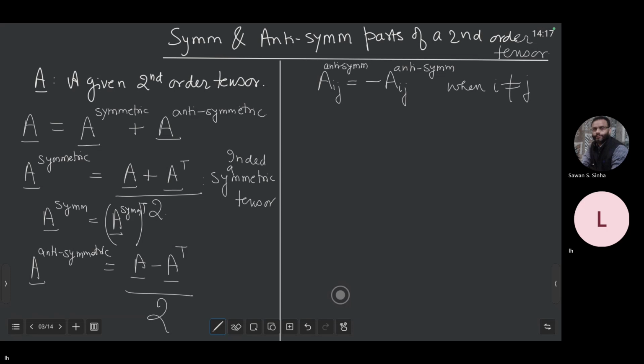Right? And when i is equal to j, what will happen? Turn out to be 0. You can verify.